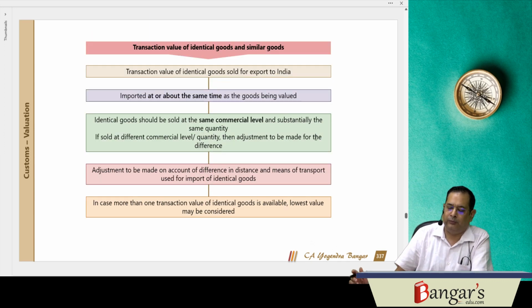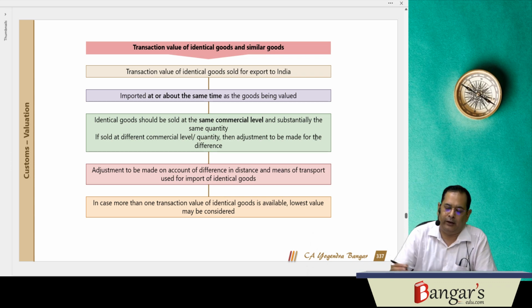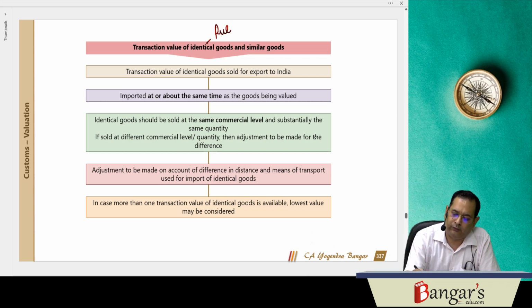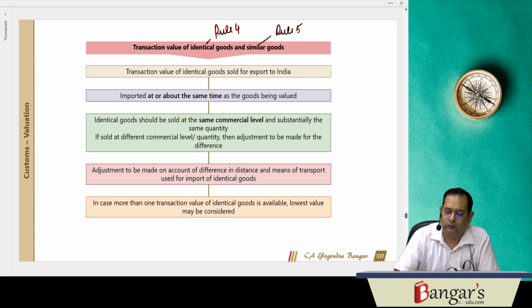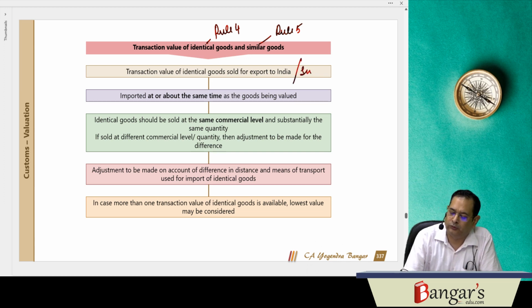Now, rule 4 is basically the transaction value of identical goods, and rule 5 is the transaction value of similar goods. So basically the value will be taken as the transaction value of identical goods, or similar goods, imported at or about the same time as the goods being valued.